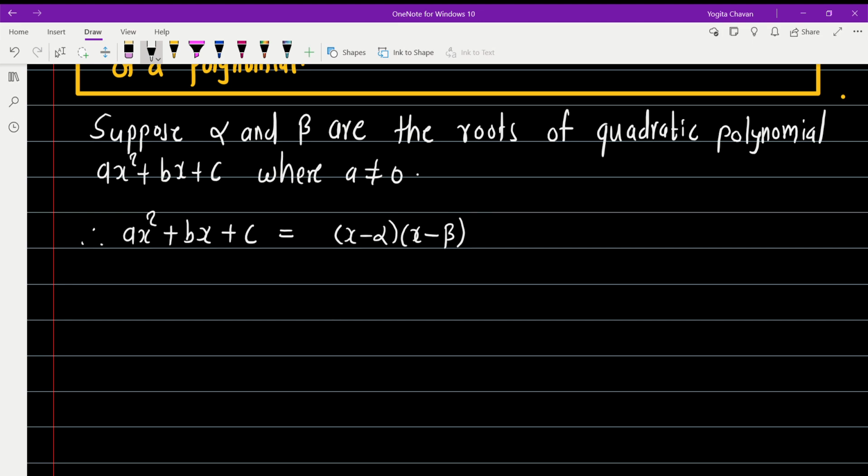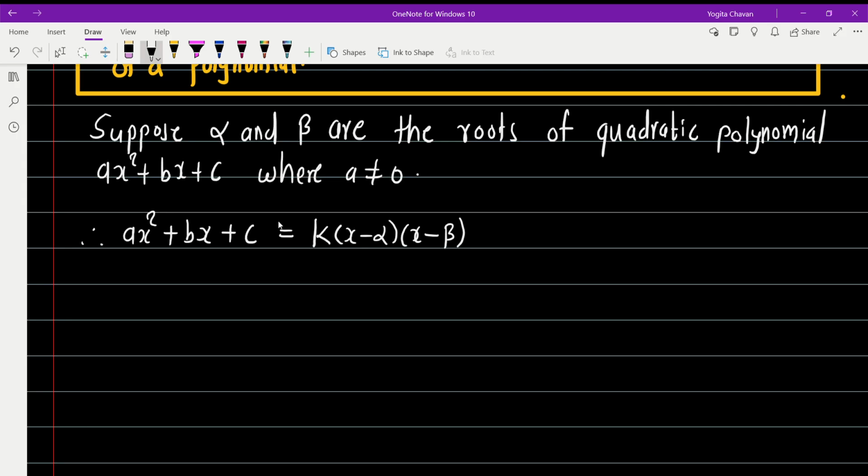But observe that on the right hand side, if you multiply these two factors, then the coefficient of x square will be 1. But on the left hand side, the coefficient of x square is a. So to balance this, we multiply these two factors by a constant k. And later on, we observe that this k is actually equal to a.